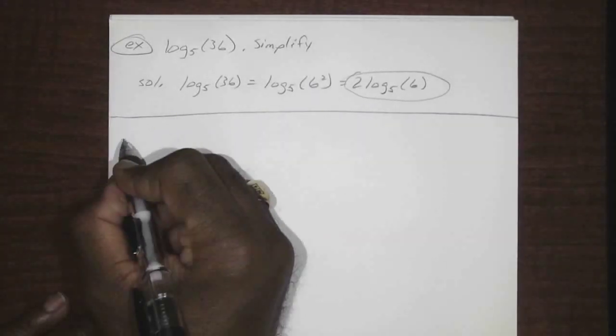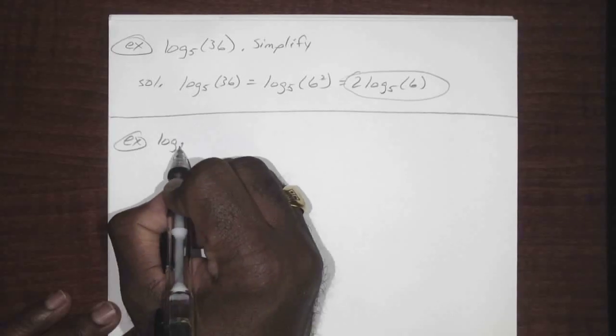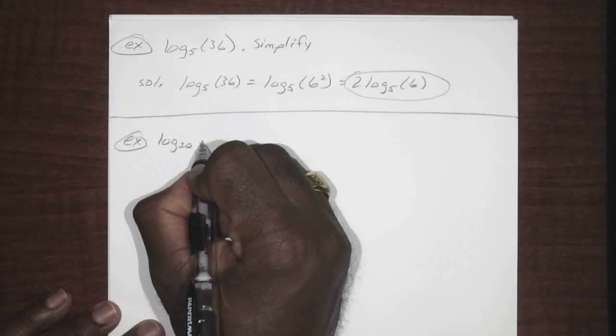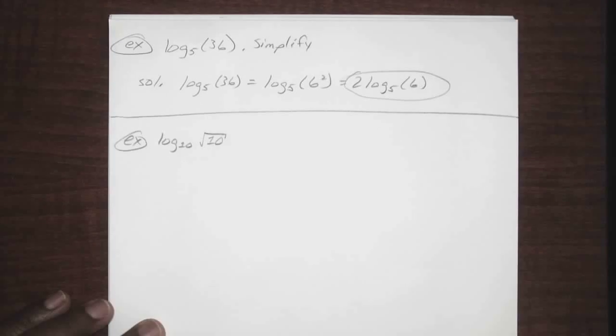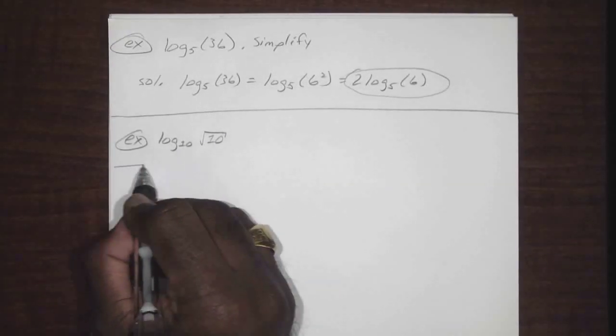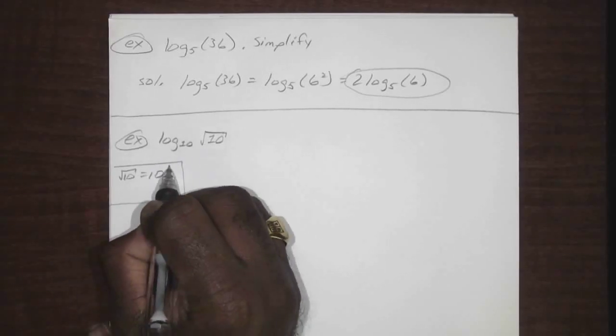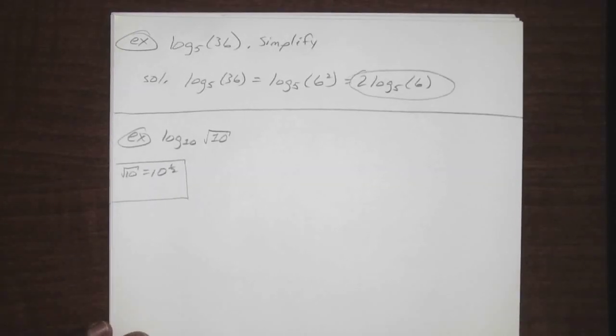Okay, so let's say you have log base 10 of the square root of 10. We know the square root of 10 is just 10 to the 1/2 power.